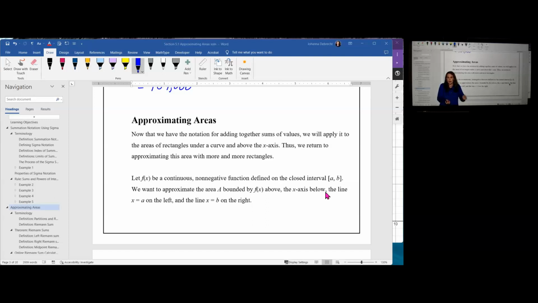Normally, x equal A and x equal B. We're going to use what we've learned about sigma notation to make adding up the area of these rectangles simpler.